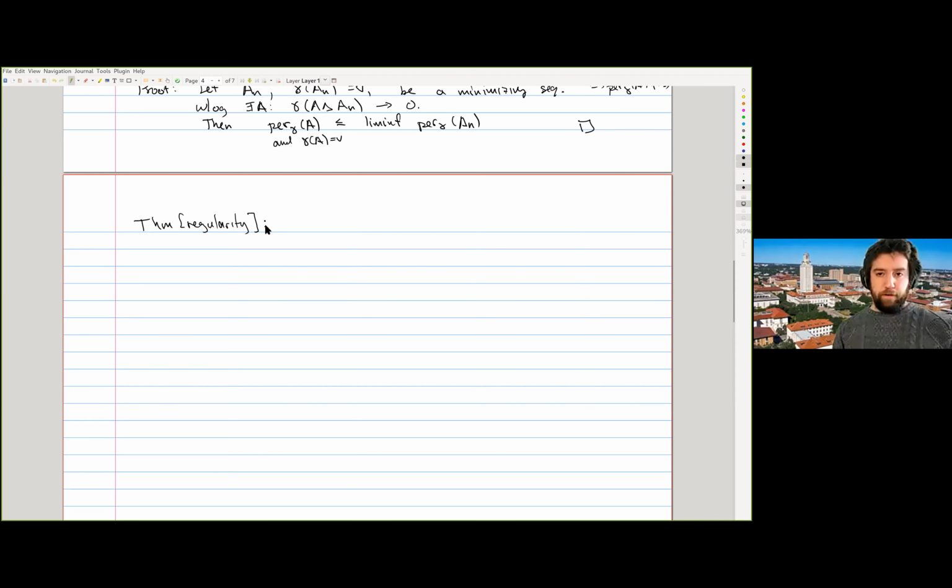So for the rest of today, just to avoid as many technical details as I can, I'm going to take the planar case. Everything now will be in R2, which is good enough because we showed on the first day that once you prove the Gaussian isoperimetric inequality in R2, then it follows.